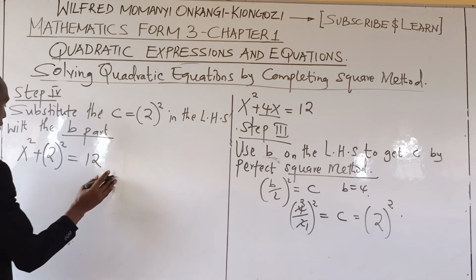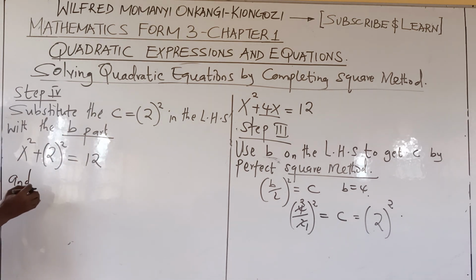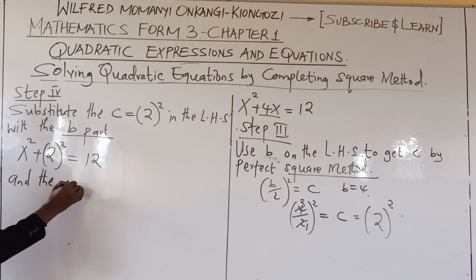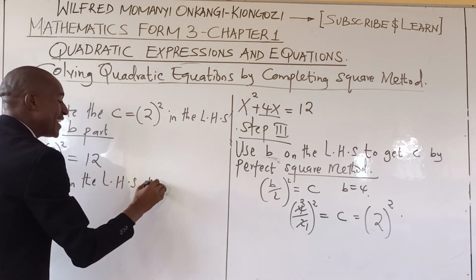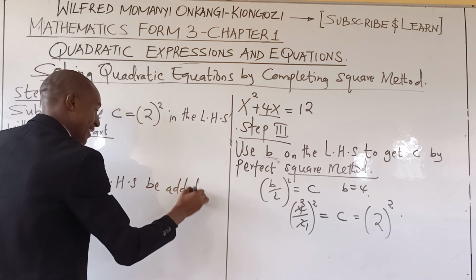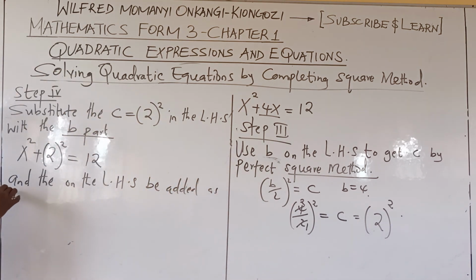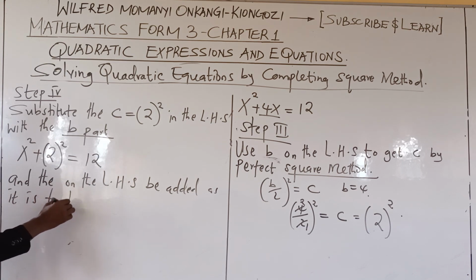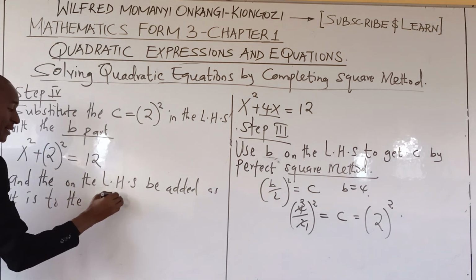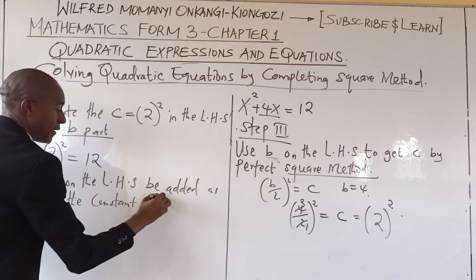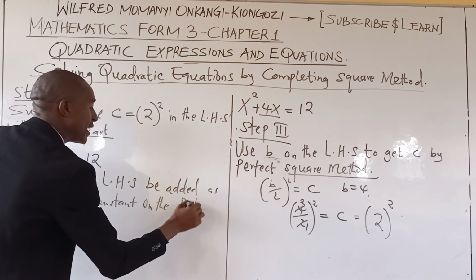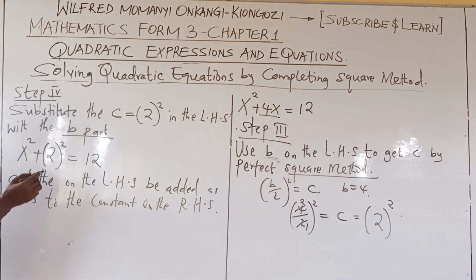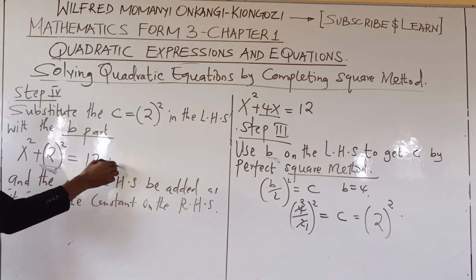And we continue. The C on the left-hand side must be added as it is to the constants on the right-hand side. What we did here, we do it on the other end also.